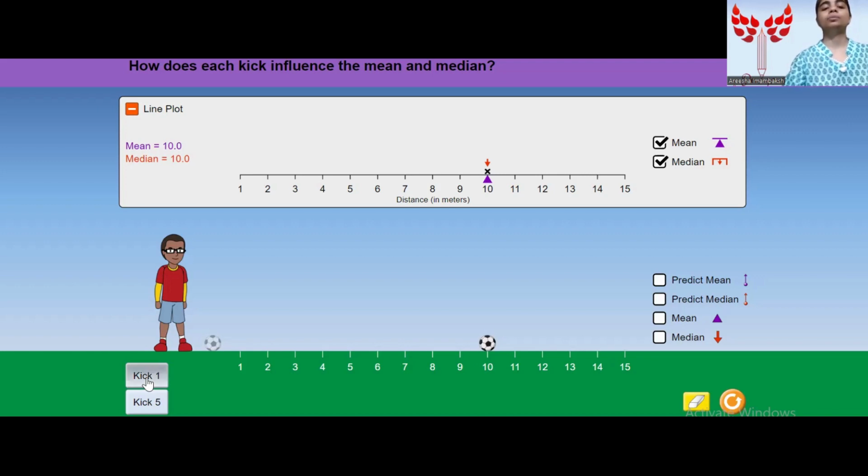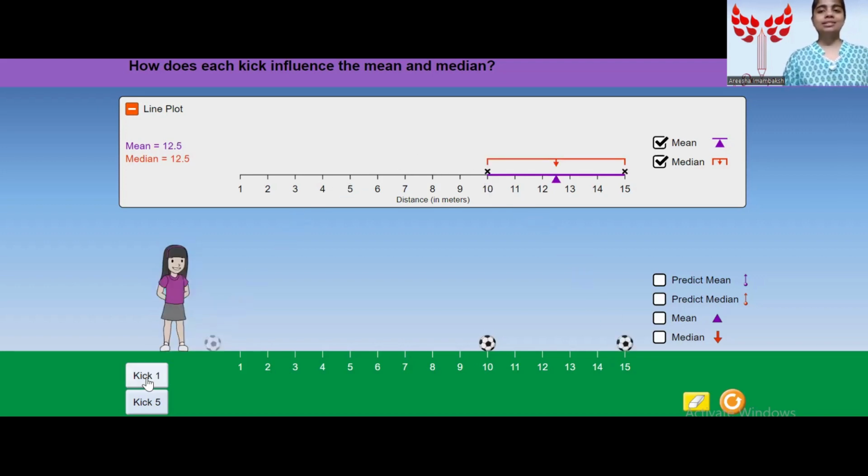Let's kick another ball. That was a huge shot. As we kicked the other ball, that went to 15. Now you can see there are two values. Still, you are getting the same mean and the same median. And why is that so? Because it is an exact normal curve.